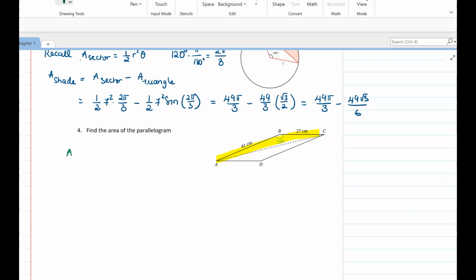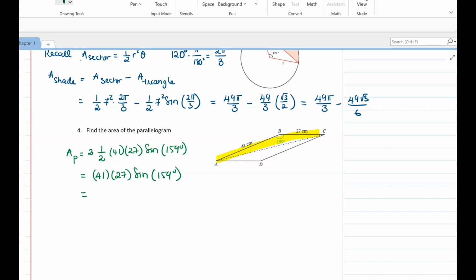So the area of the parallelogram equals 2 times the area of the triangle, that is 2 times 1/2 times 41 times 27 times sine of the angle 159 degrees. And that is 41 times 27 times sine of 159 degrees.